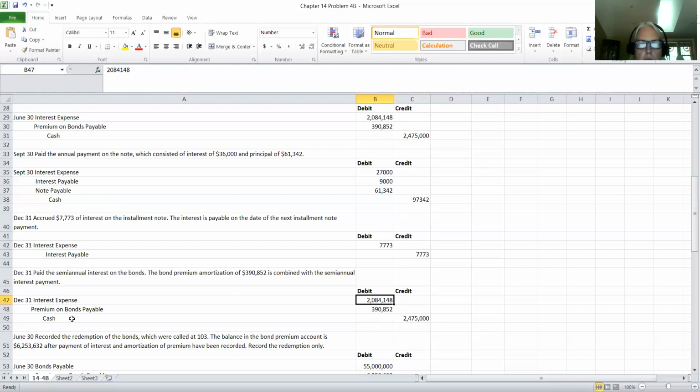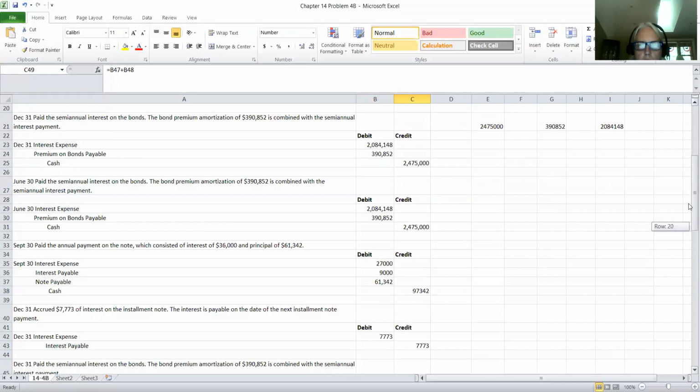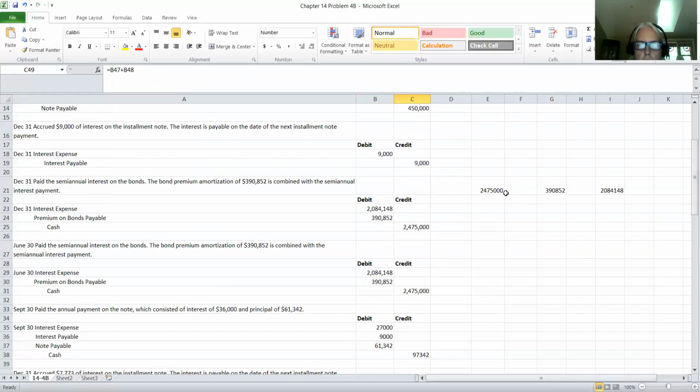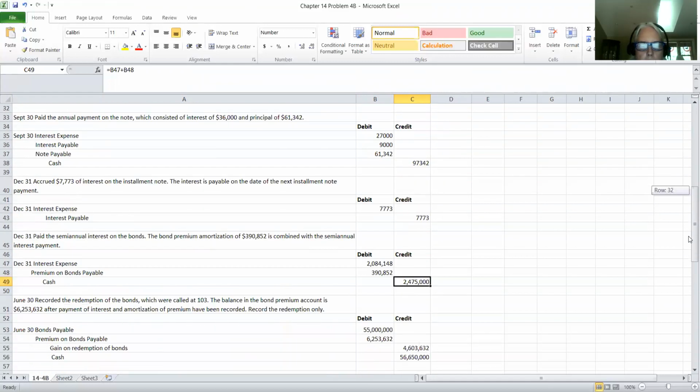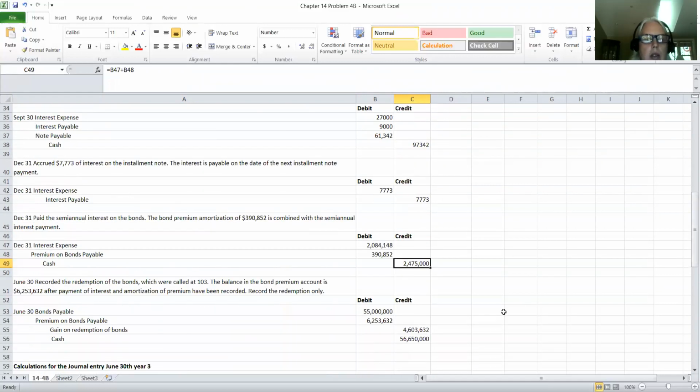These entries just start to repeat themselves over and over again. We have reduced the premium amount by the amount that is amortized, and then the total amount of cash is what we have paid out for the semi-annual interest. And again, we've done the calculations for this earlier up here. So if you want to look back at that, you can. It's the very same journal entry that they're doing there.